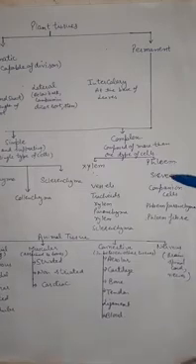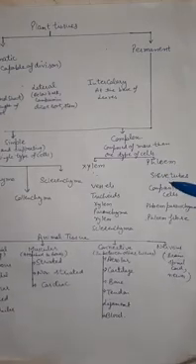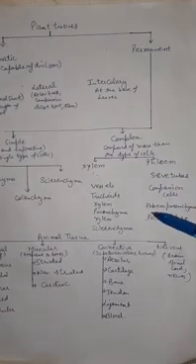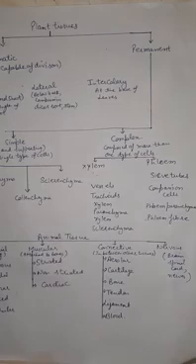Phloem has further types: sieve tubes, companion cell, phloem parenchyma and phloem fiber.